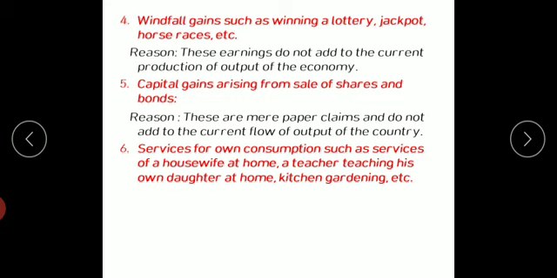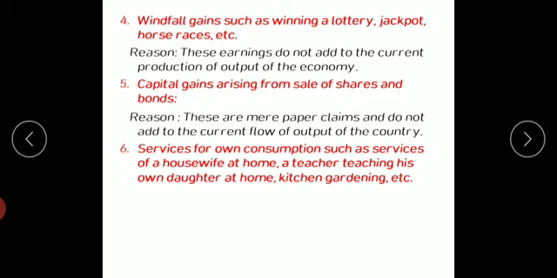For example, when a housewife is performing so many household activities at home, we cannot calculate the value of her services. We cannot say that a housewife has performed services of 500 rupees or 600 rupees. It sounds odd, and also it is not correct. That's why such activities cannot be estimated.